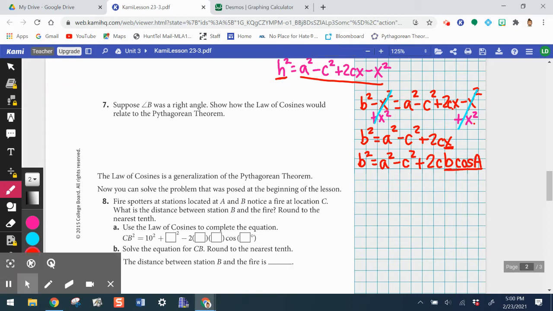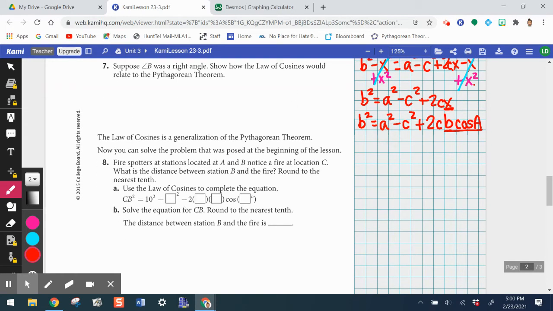Now, this is a variation of that first law of cosines, which is set equal to a squared. Notice that we're using the cosine of a. So we're going to do a little manipulating here. Now that this is set equal to a squared instead of b squared, just simply because we are using the cosine of a, we're going to leave a squared where it is, and we're going to do the opposite of subtracting c squared.